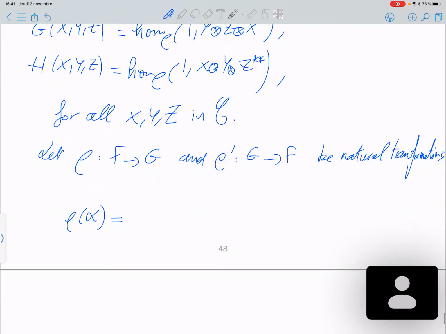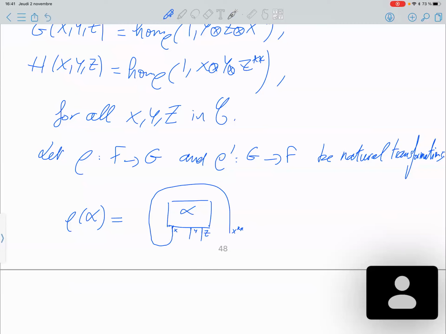So this is exactly the definition of this natural transformation. We are just moving like that. Here it's x, here it's y, here is z. So now you have here x double star.